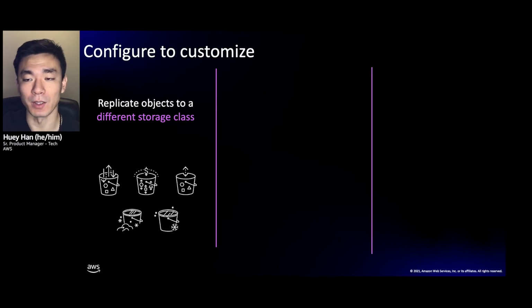This can be particularly powerful when you are using replication for disaster recovery and resiliency purposes, where you are not expecting to do a lot of reads from the secondary copy, but just want to keep it as a backup. And replicating your objects into Glacier or Glacier Deep Archive can help you save a lot of cost.